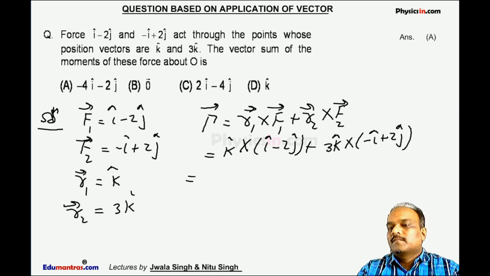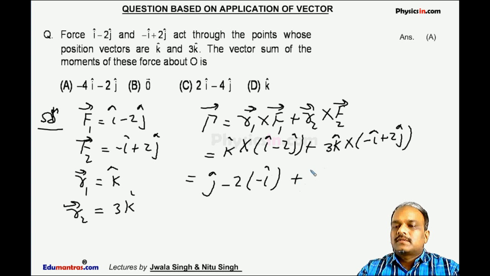As we know, k cross i is j cap, minus 2 into k cross j. k cross j is minus i cap, plus 3 into minus 1 is minus 3. k cross i is again j cap, plus 6 k cross j. k cross j cap is again minus i cap.